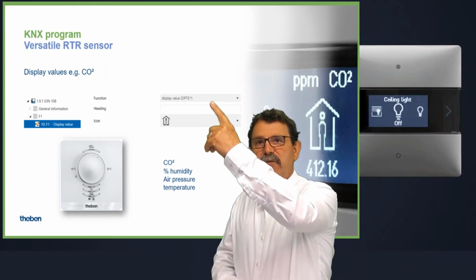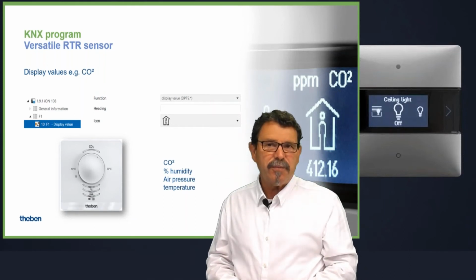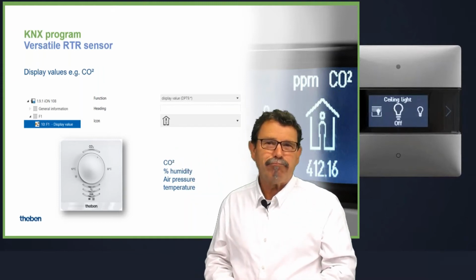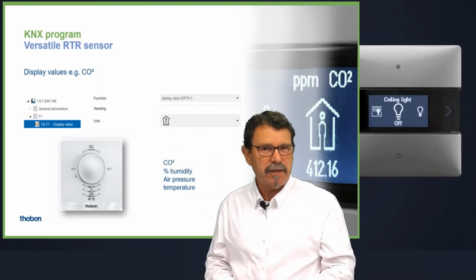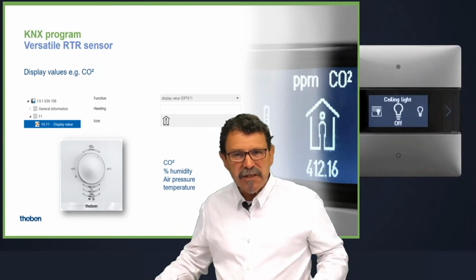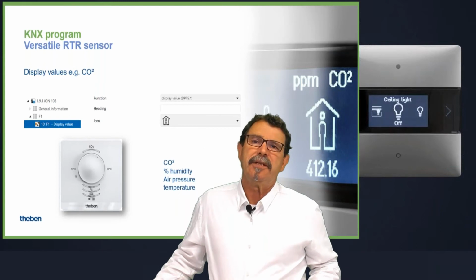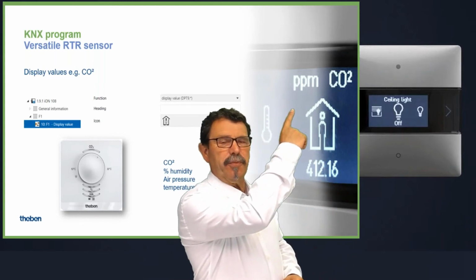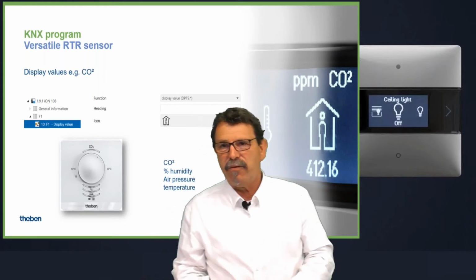So for instance, if you have chosen display value is data point 9, ideal to display here CO2 values, for schools, public buildings, municipalities, and so on. So then you have a clear picture of what is the value in ppm currently in the room.